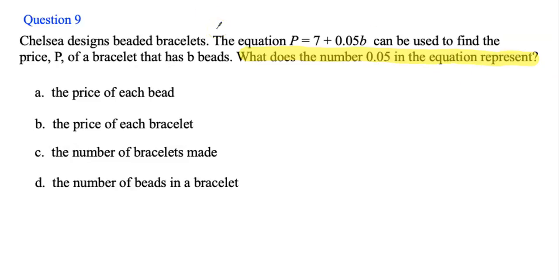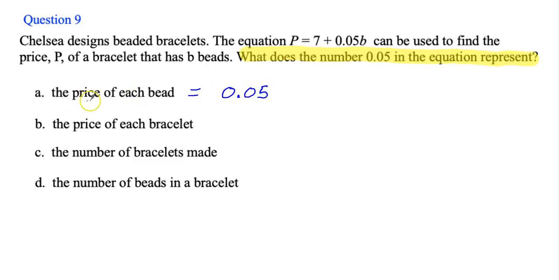This is one of those problems where you don't want to lose your common sense. Watch how I go about this. Let's just go to our answer choices. And I'm going to set each answer choice equal to 0.05 and see if it even makes sense. So let's start with A. The price of each bead equals 0.05.